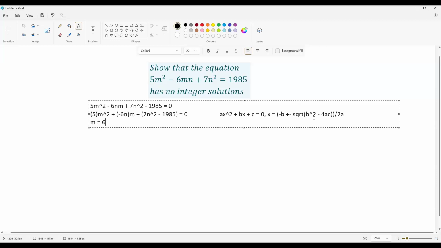So that means m is equal to 6n plus or minus the square root of negative 6n squared minus 4 times 5 times 7n squared minus 1985, and all of this divided by 2 times 5.